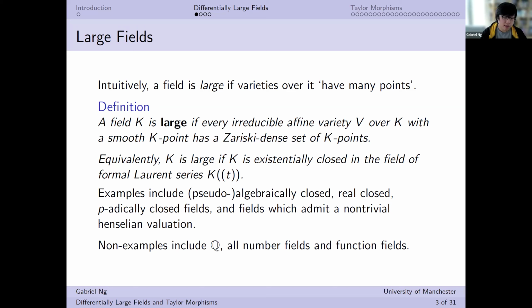Examples of large fields include many of the nice model theoretic classes of fields, such as algebraically closed, pseudo-algebraically closed, real closed, Henselian fields, etc. And non-examples include things like the rational numbers, number fields, function fields, etc.